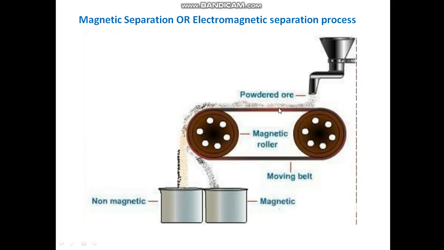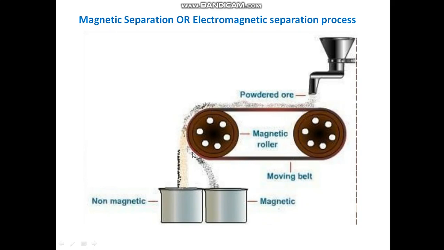This is called your conveyor belt. These two are the rollers, that is, the magnetic roller. So when we pass the powdered ore, what will happen? When the powdered ore is passed on the conveyor belt to the magnetic roller, the magnetic and the non-magnetic ore particles will get separated while passing through the roller.